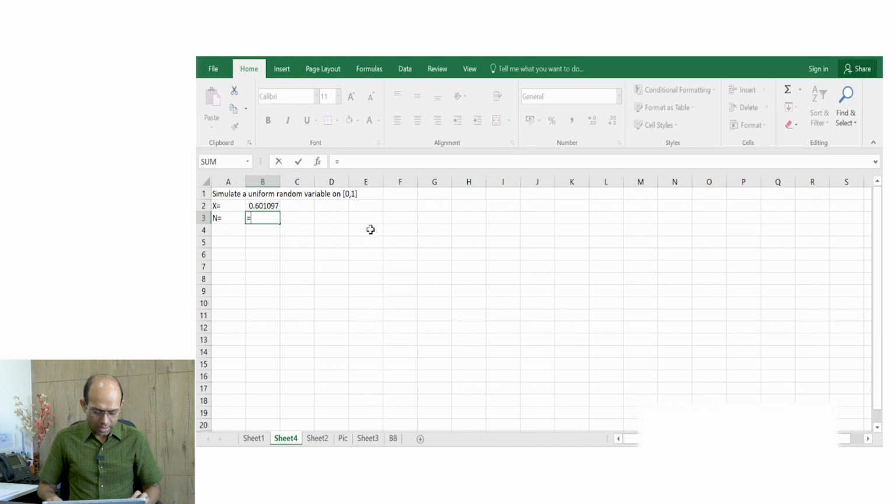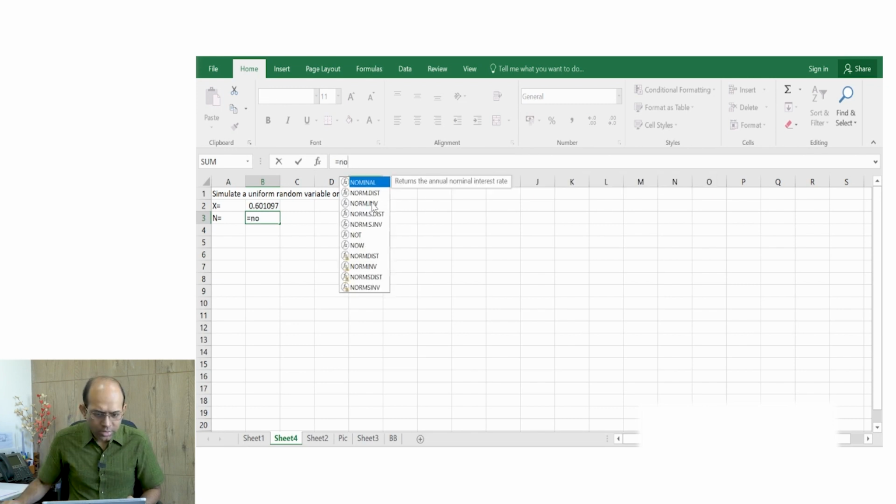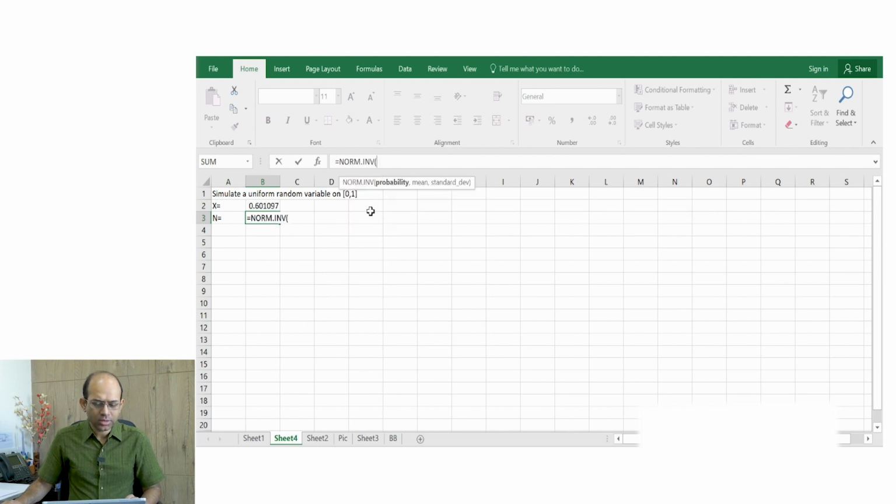Okay, so let us see that. So here we use NORM.INV. This is the inverse of the CDF. Here one should pick this probability to be this cell, and mean to be 0, and standard deviation, say 1, because we want the standard normal, and then we close.